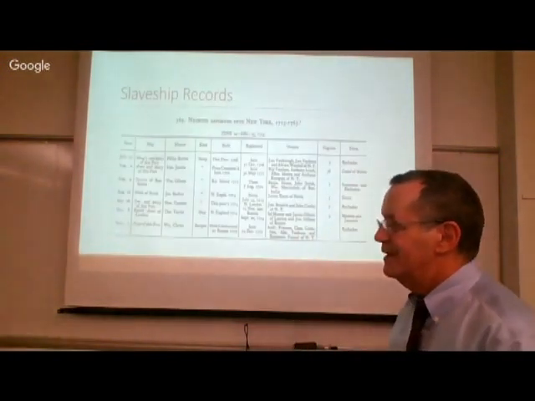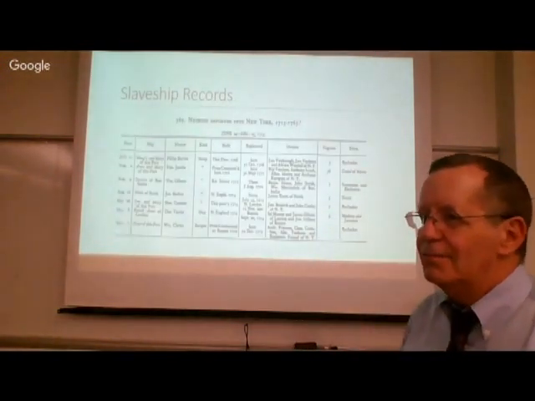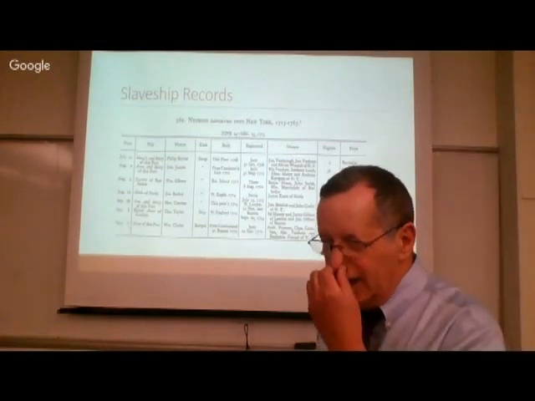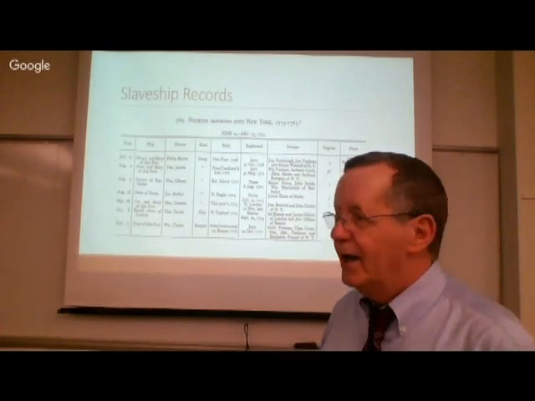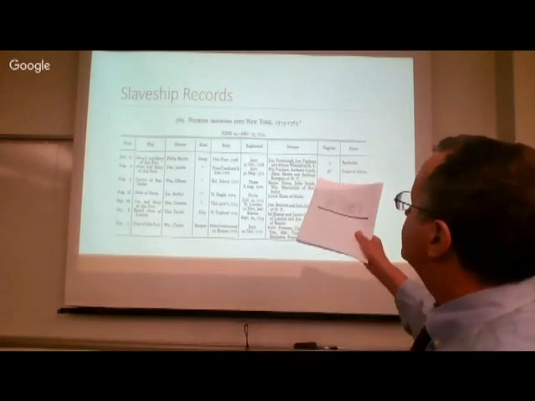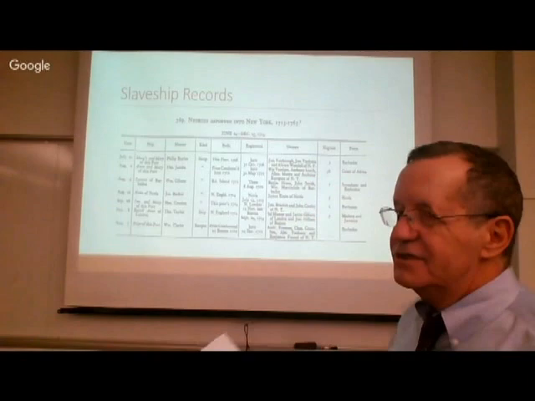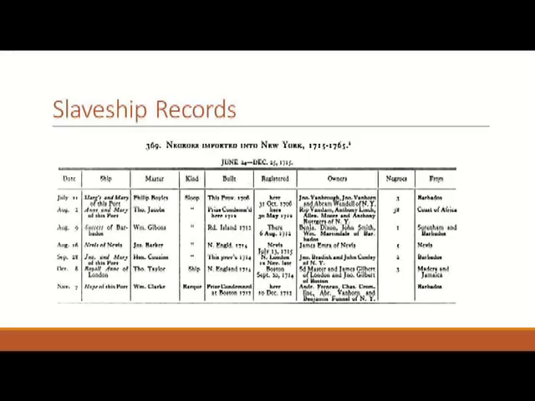Slave ship records. These are some colonial records of the port of New York. And what they show for 1715 to 1765 is all of the ships coming into New York that were delivering enslaved people to be sold.